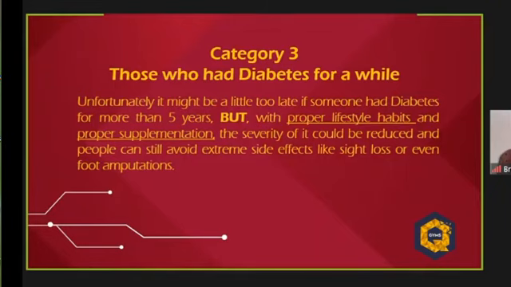It is not unheard of, but the percentage of it happening is low compared to the other cases. But by following proper lifestyle habits and supplements, it will slow down.